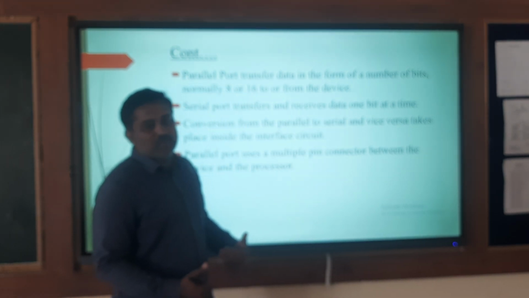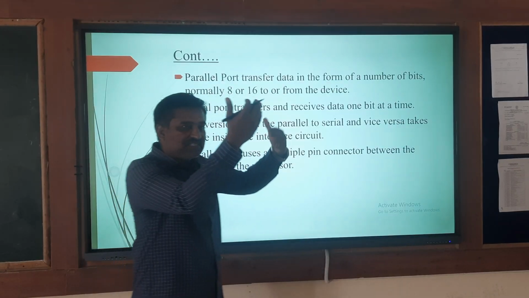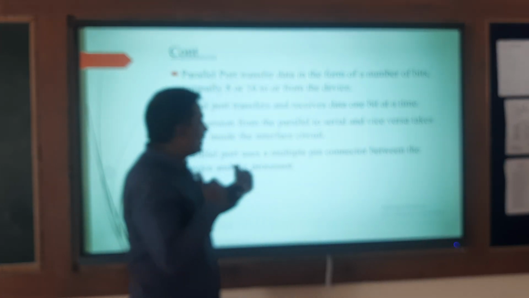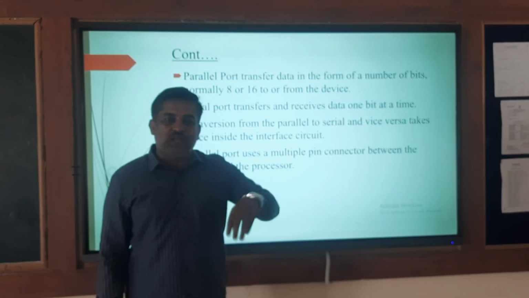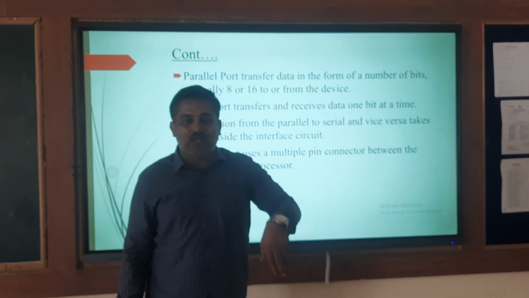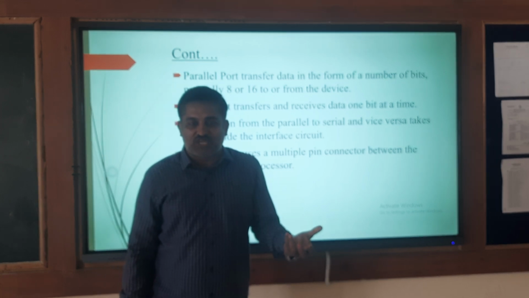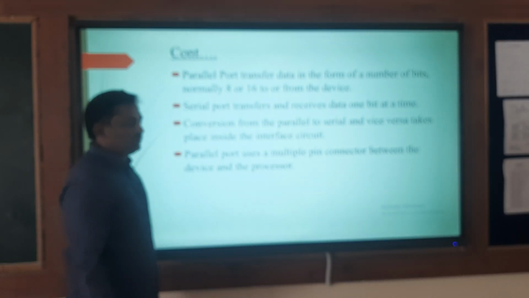Serial port transmission cannot receive the total data at a time. It receives the data one after another. For conversion from parallel to serial as well as serial to parallel, we require a conversion circuit that is inbuilt in the interface circuit.